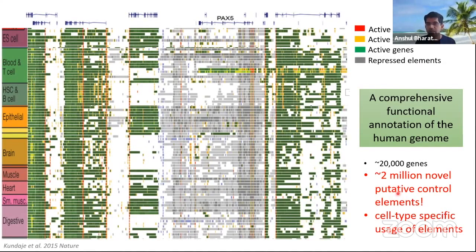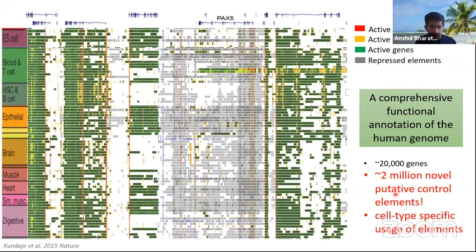And that really gives rise to the complexity of the human phenotype. It's not that we have many, many more genes. We have just 25,000 genes, but we can control precisely how those genes are expressed in different cell types and tissues. And there are millions of control elements turning on and off in different cell types and tissues, controlling the activity of these genes.